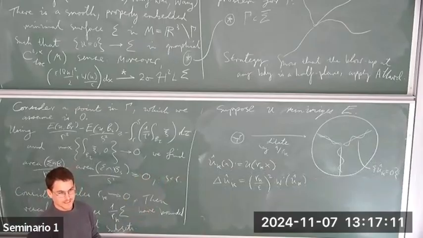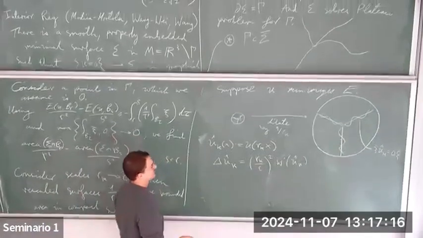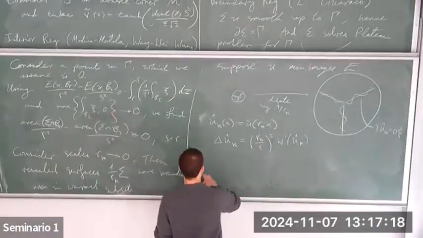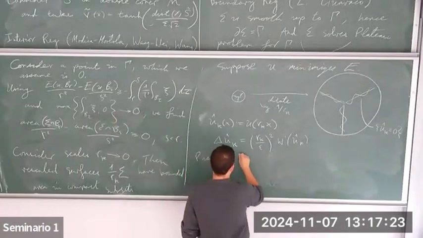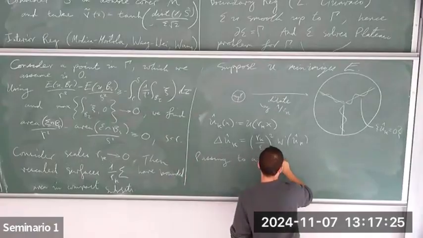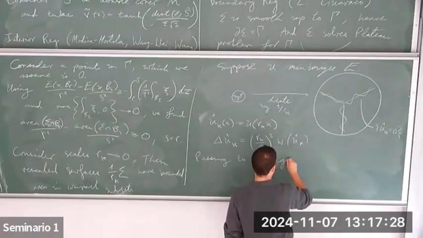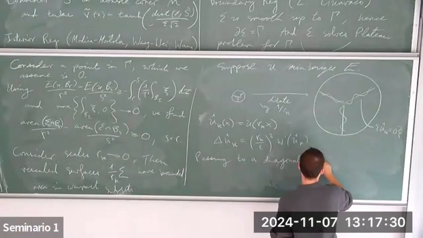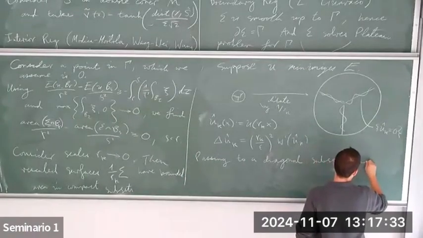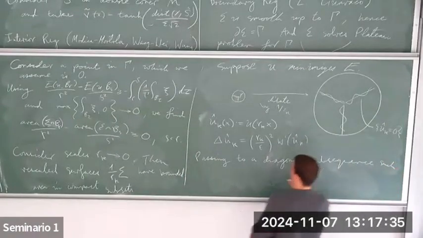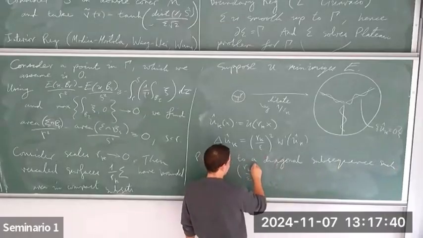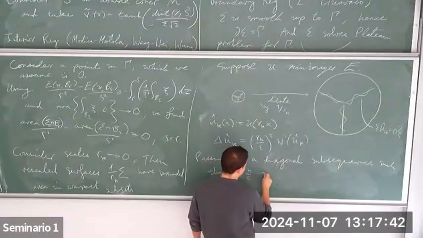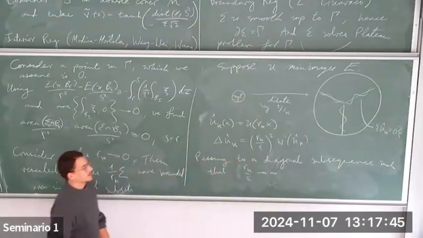I don't know if I explained that in the best way, but hopefully it makes sense. So we want to pass through a diagonal subsequence such that Rk over epsilon still tends to infinity, right?